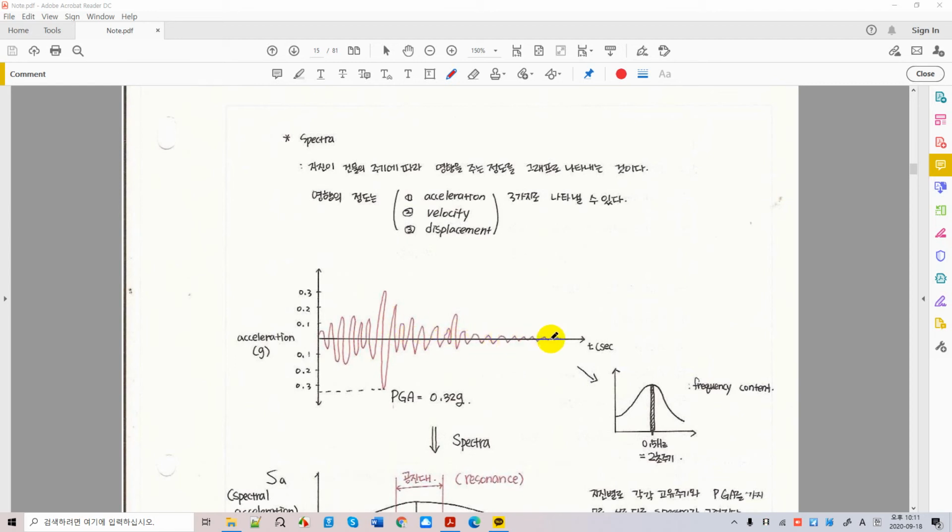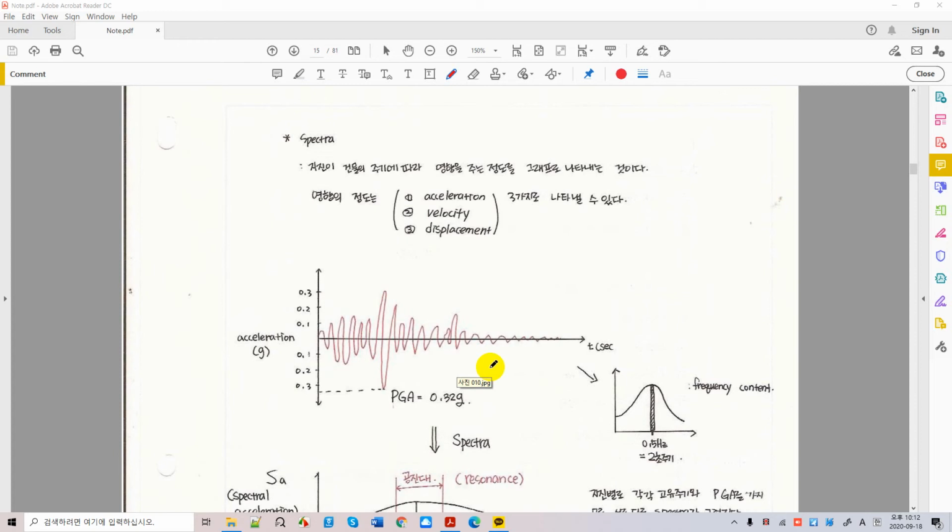So what engineers have proposed is that they use only the maximum value. For example, they use only the maximum value, which is indicated by 0.3 g in the east direction, for example, and they've used 0.32 g in the west direction, or north direction, or south direction. Okay? So this is the concept of response spectra.